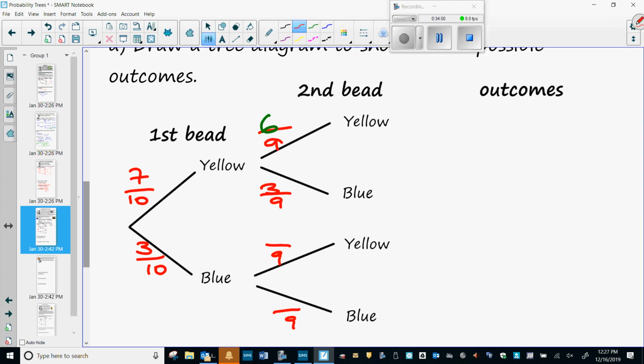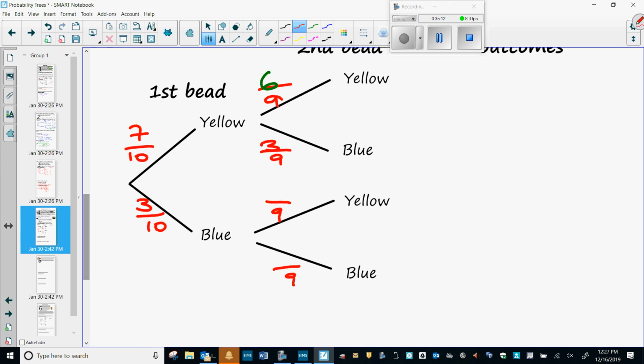But the key here is that loads of people change both of them and they shouldn't, which is why I'm trying to get you to put the denominators first, focus on one change, and then say, right, if it's 6/9, this has to be 3/9, because I know that this has to add up to 1. Now, going down to this one, this indicates I took a blue one out.